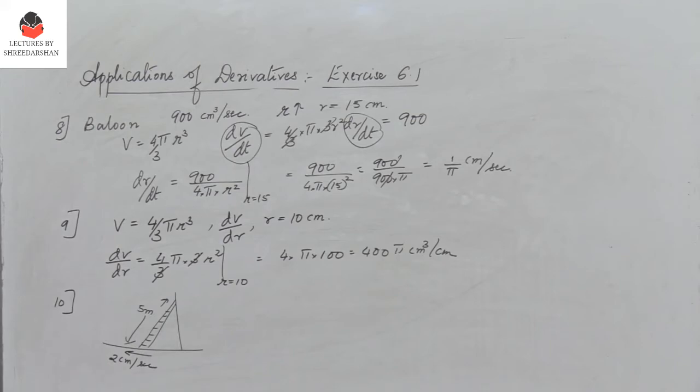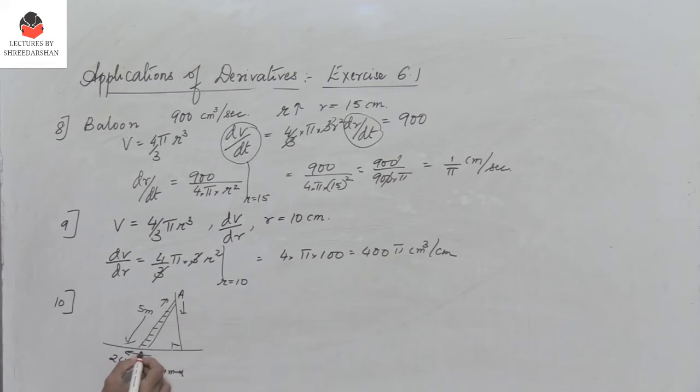How fast is its height on the wall decreasing when the foot of the ladder is 4 meters away from the wall? So I need to find out how fast the height of the ladder is reducing when this distance is 4 meters. Now we have a ladder which is inclined onto a wall and this is the ground, and we observe that this is nothing but a right angled triangle.